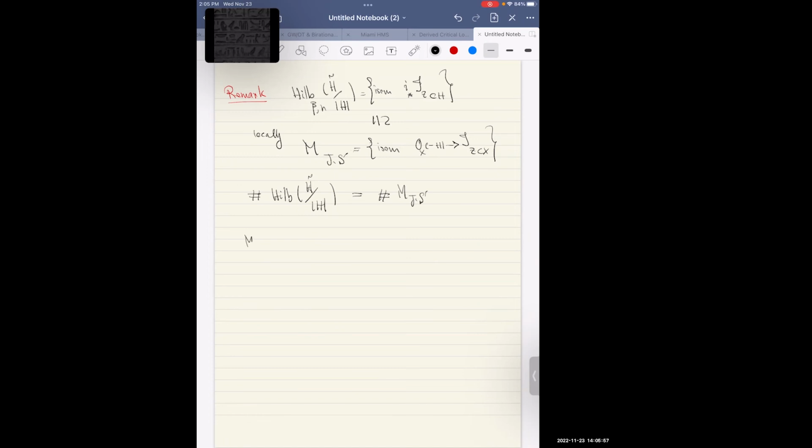Now, if you look at the moduli space of Joyce-Song pairs, one other thing you can realize is that it parameterizes isomorphism classes of O_X(-H) to I_Z inside X. Now, there is a forgetful map, forgetting the section map S, which tells you that if you forget that map, you are landing on the moduli space of ideal sheaves of curves inside the ambient variety X. So this is the moduli space of ideal sheaves of Z in X. It's the Hilbert scheme of curves in X. And this is a famous moduli space.